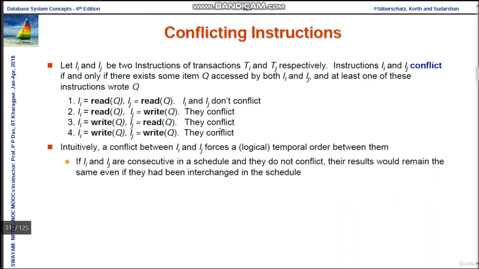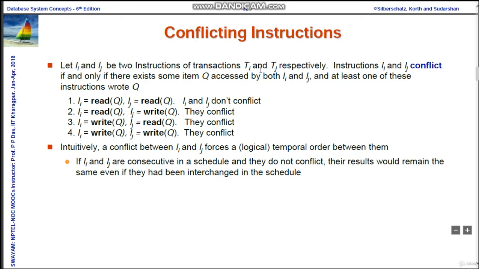Okay, now first, conflicting. Which instructions are conflicting in nature? Okay, so let us suppose we have Ii and Ij, two instructions of transactions Ti and Tj respectively.